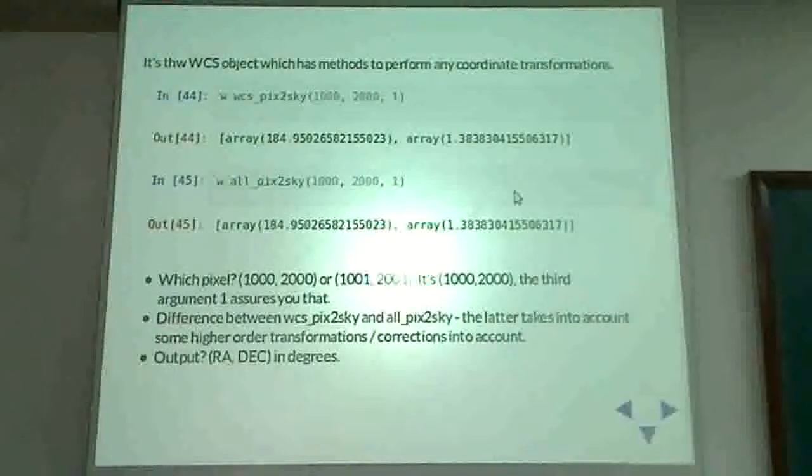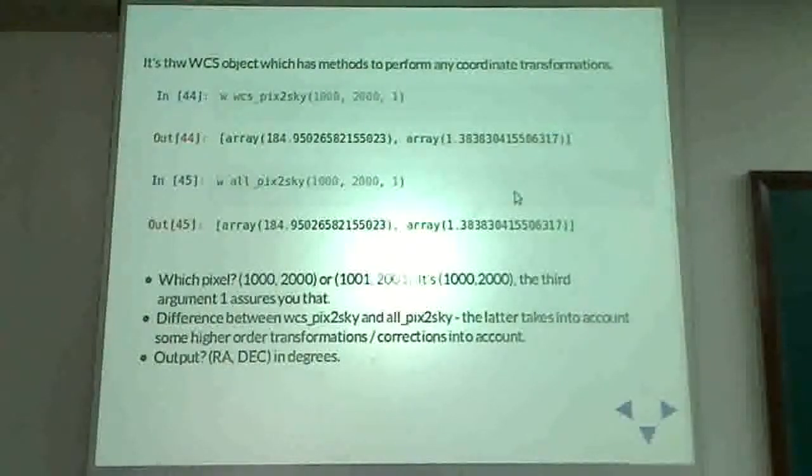Let's look at the pixel to coordinates transformation first. Once I've created my small w object which now contains the WCS information, there is a method called wcs_pix2world, which allows you to convert pixels into sky coordinates. So w.wcs_pix2world(1000, 2000, 1).